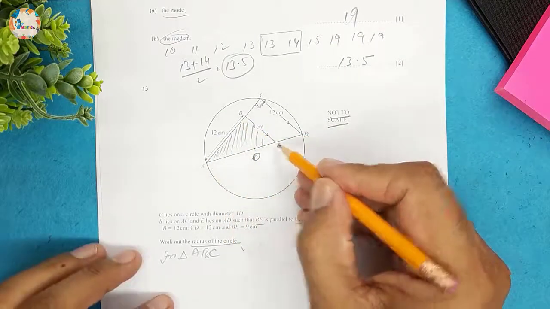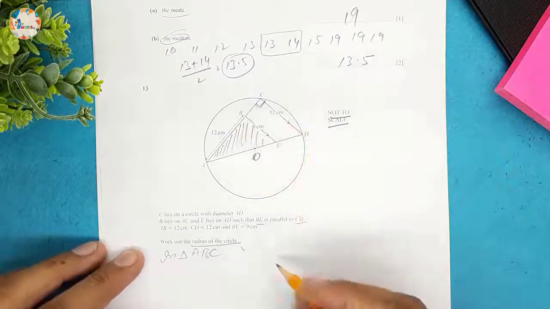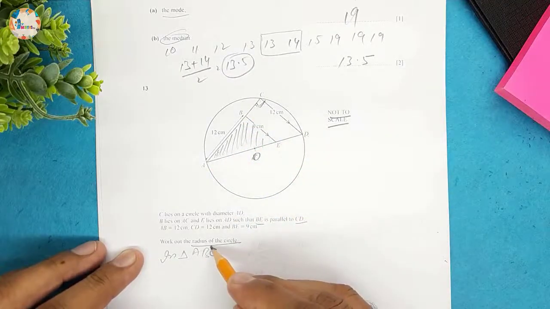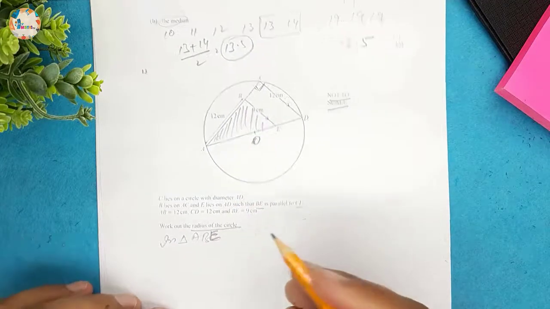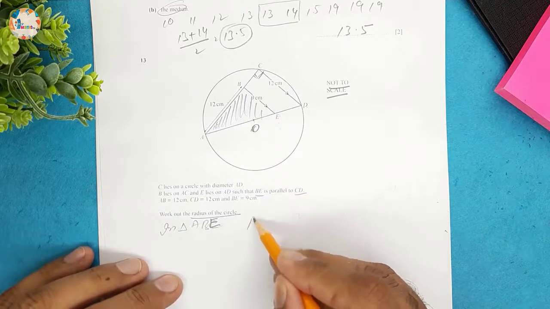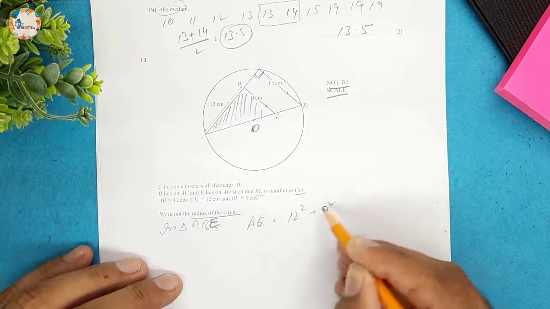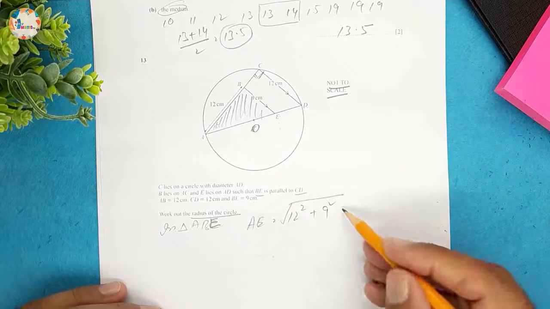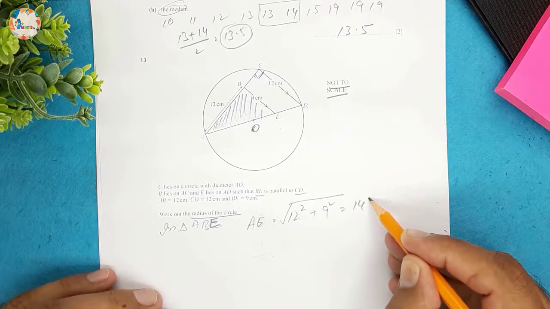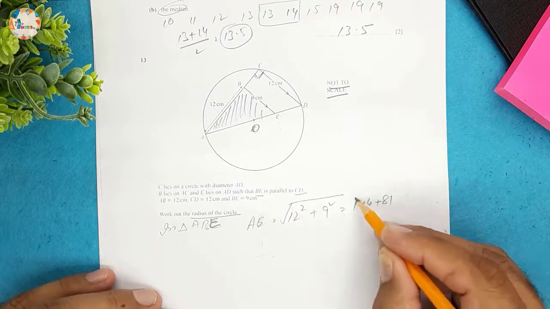We will find this side, and this will be 12 squared plus 9 squared in triangle ABE. Pythagoras theorem we will be applying. So AE will be equal to the square root of 12 squared plus 9 squared, which is 144 plus 81 under root.